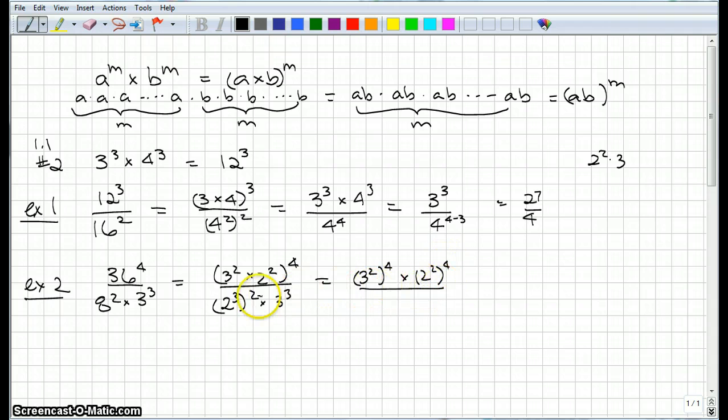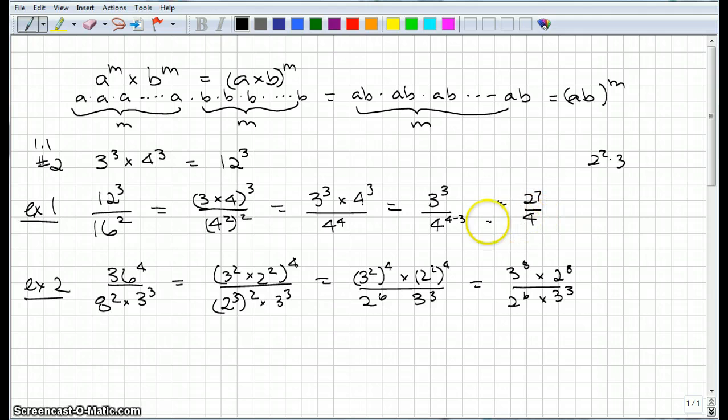And on the bottom here, this would be 2 to the 6th, and then we still have this 3 cubed. And so then we have 3 to the 8th times 2 to the 8th over 2 to the 6th times 3 cubed. And now you can see everything's in terms of prime numbers, okay?